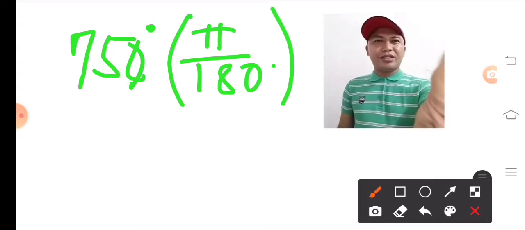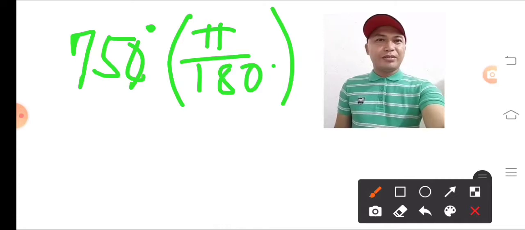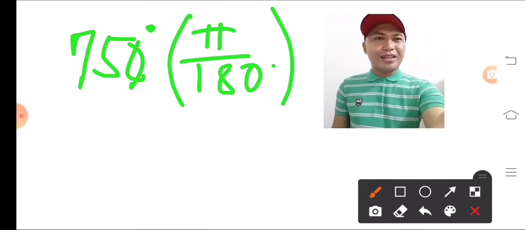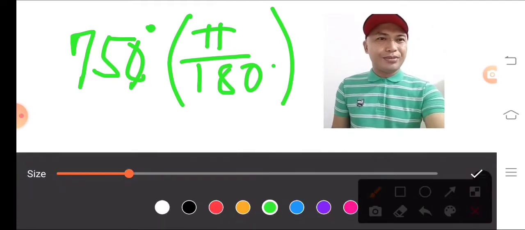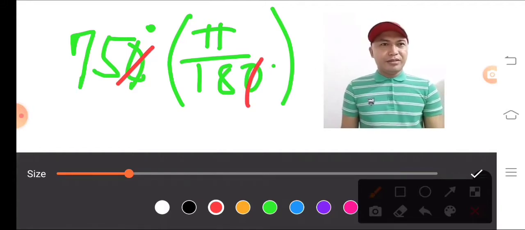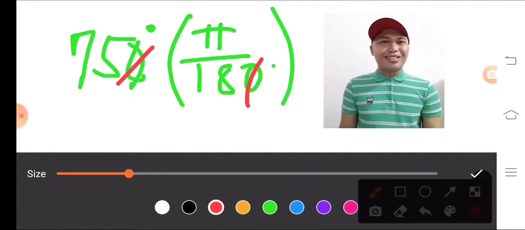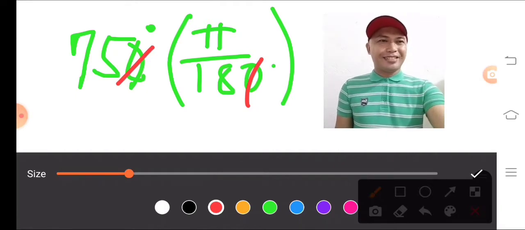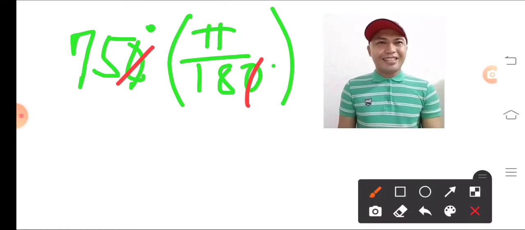So we have here 0, so we can eliminate 0 in the unit digit. Then we can proceed into simplifying.